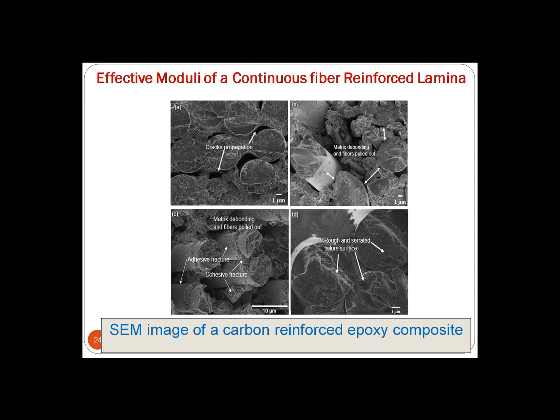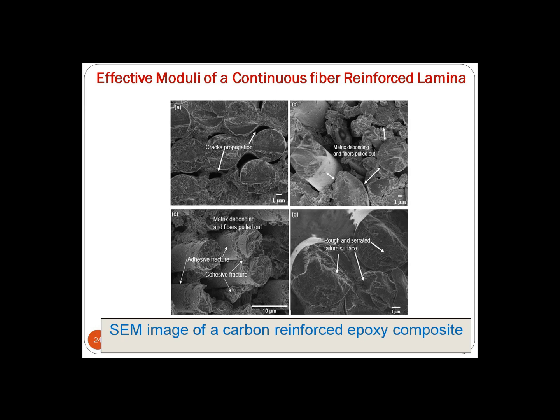If we see figure A, crack propagation has been shown, and these cracks propagated in between the fiber and the epoxy. And these cracks often propagate because of the void contents. In SEM image B, matrix debonding is there. Matrix debonding is due to fiber pullout.